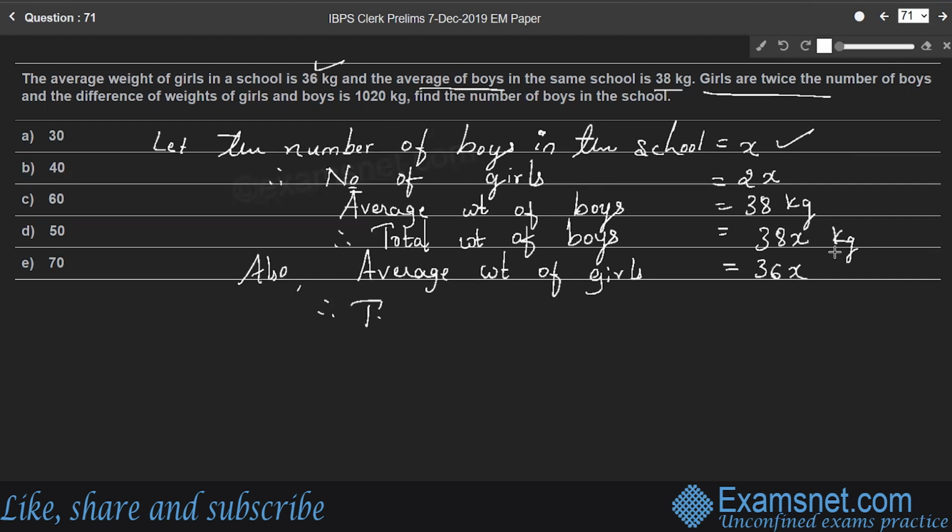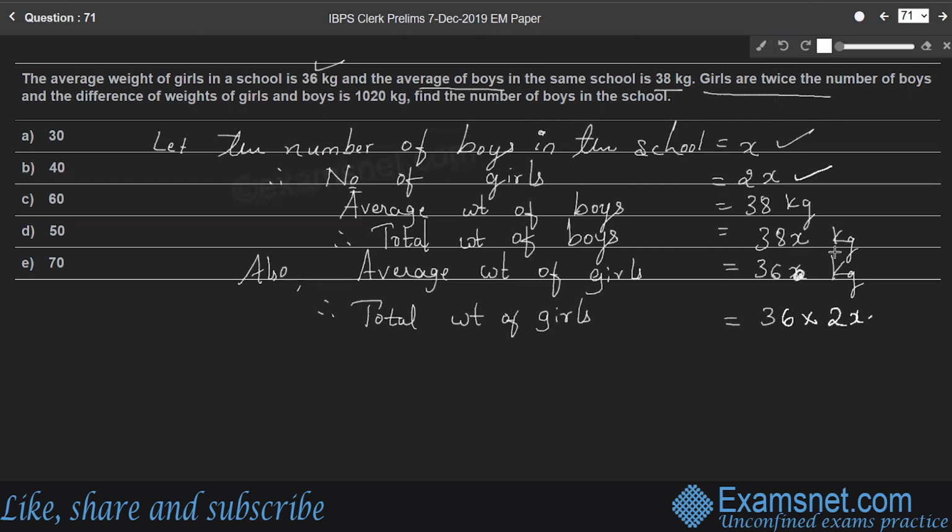Therefore, what is the total weight of girls? Average into 36 kg, it is not 36X. It is 36 into, what is the number of girls here? 2X.